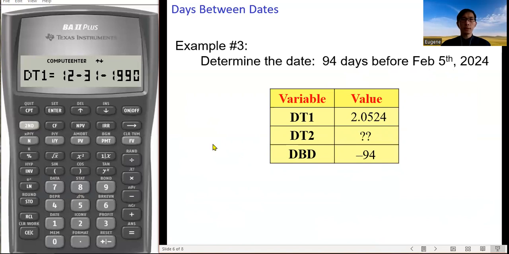Let's get the date. DT1, 2.0524. Enter. Confirm that this is February the 5th, 2024. And then get to the DBD variable. Enter 94 and the plus or minus button, so negative 94.